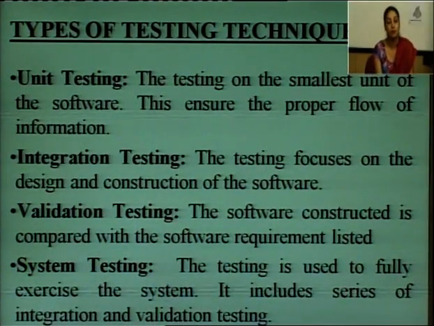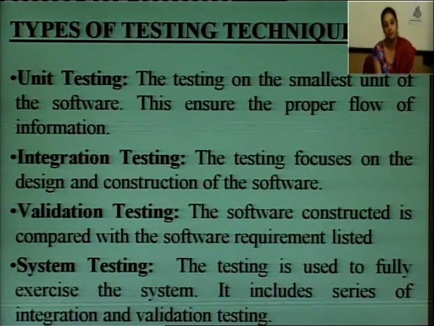Unit testing is performed on the smallest unit of the system. When we provide testing on the smaller unit, it is defined as unit testing. It ensures the proper flow of information from one part to another part.